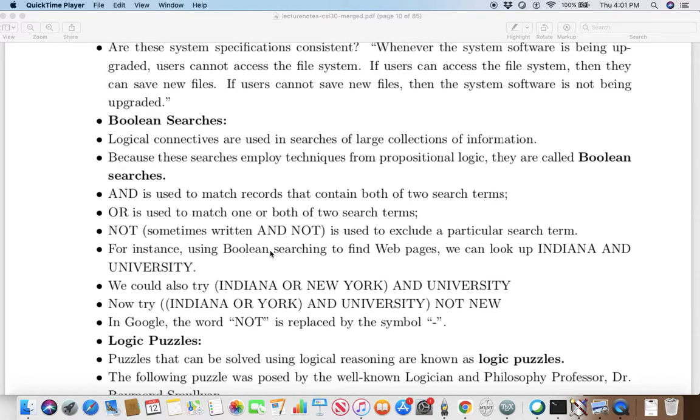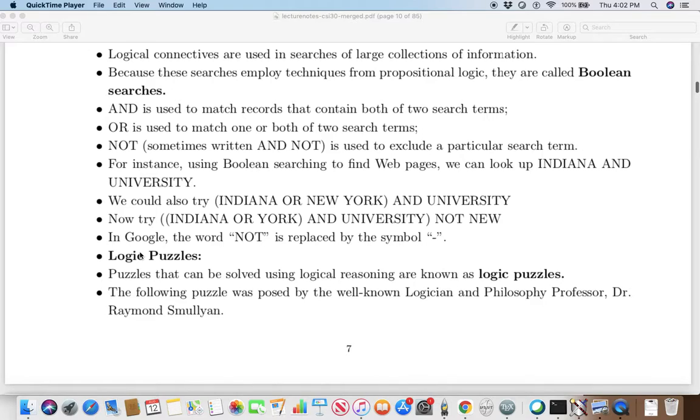For instance, using Boolean searching to find web pages, we can look up Indiana and university. We could also try Indiana or New York and university. Now try Indiana or York, so together, and university, but not new.